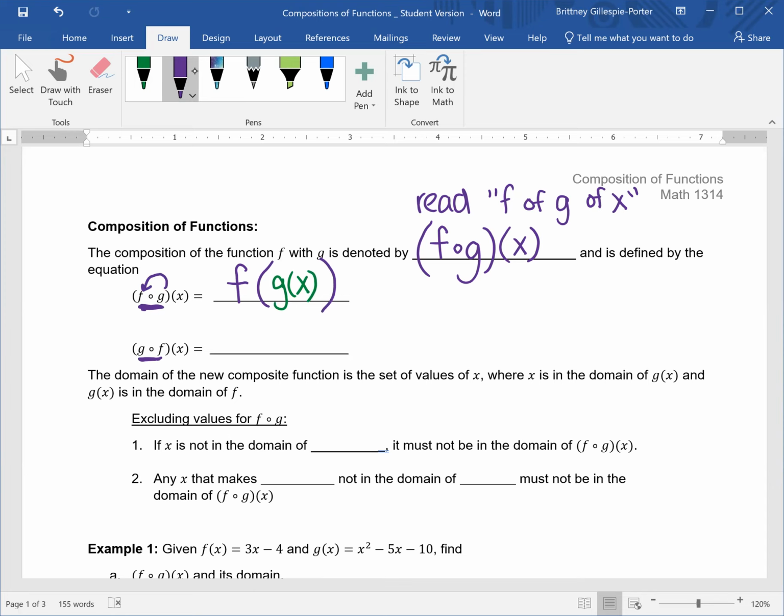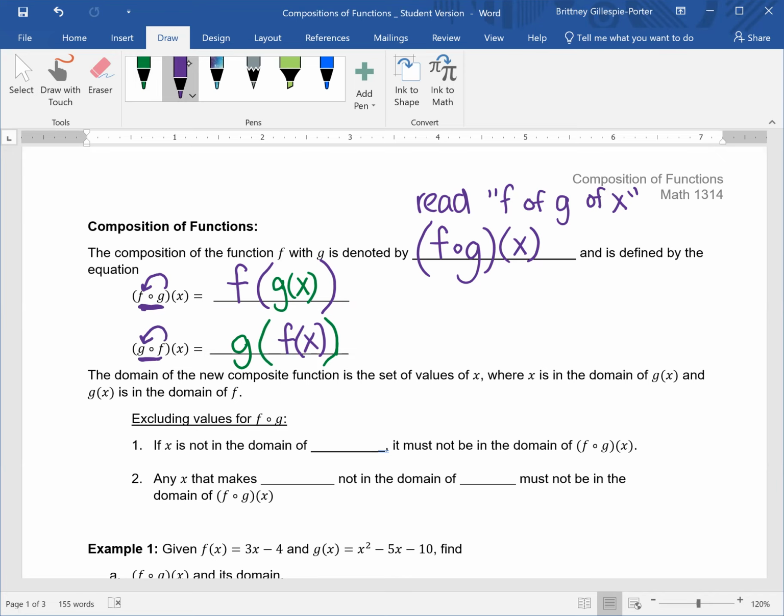Notice f's on the outside in fog, or f composed with g, so it stays on the outside when we're plugging stuff in. If we have g composed with f, it goes the other way. The g's on the outside, and instead of g of x, we're going to have g of f of x. So we plug f into g.